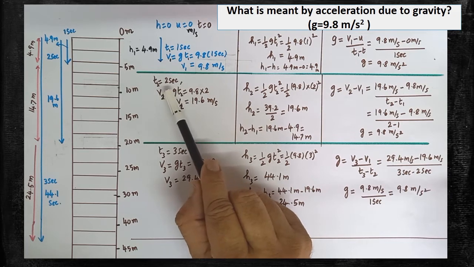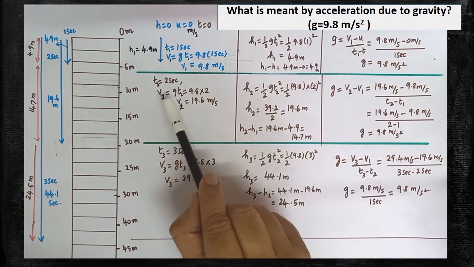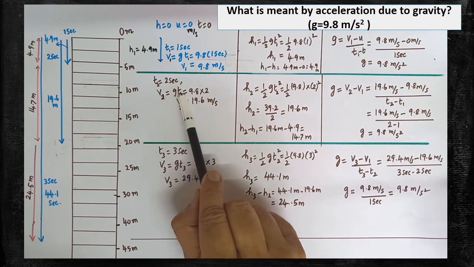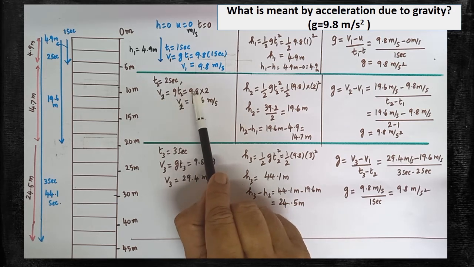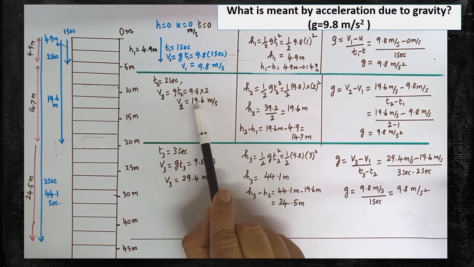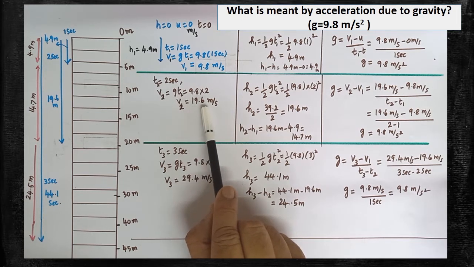By using the stop clock, if it is allowed to fall for 2 seconds, what are the things happening? What is the formula to calculate the new velocity v2? v2 is equal to gt2. G value is 9.8, and for 2 seconds you multiply by 2. Substitute, and the velocity is 19.6 meter.